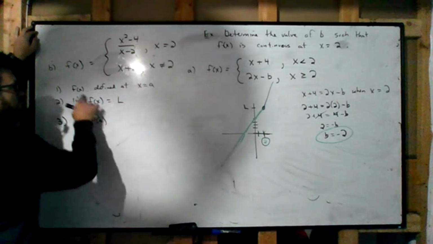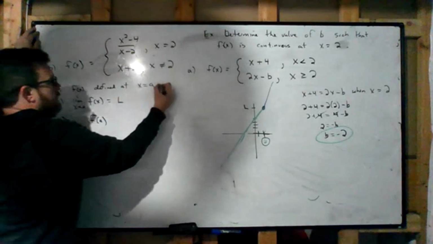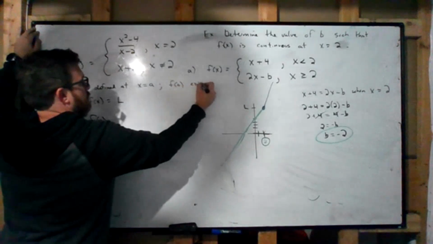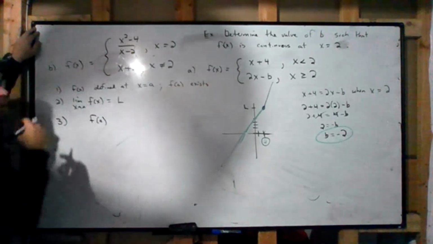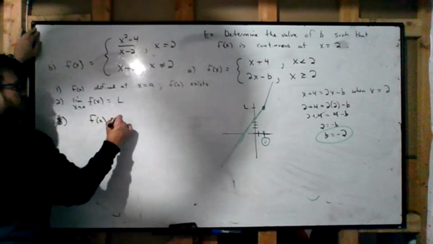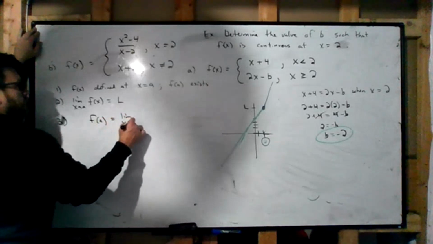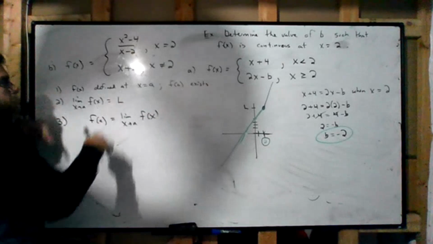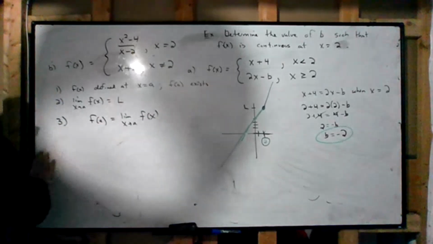If f of a is defined, that's another way of saying f of a exists. It means I can plug in a and get the value. So f of a has to be the same thing as the limit as x approaches a of f of x. The evaluation and the limit better be the exact same number.